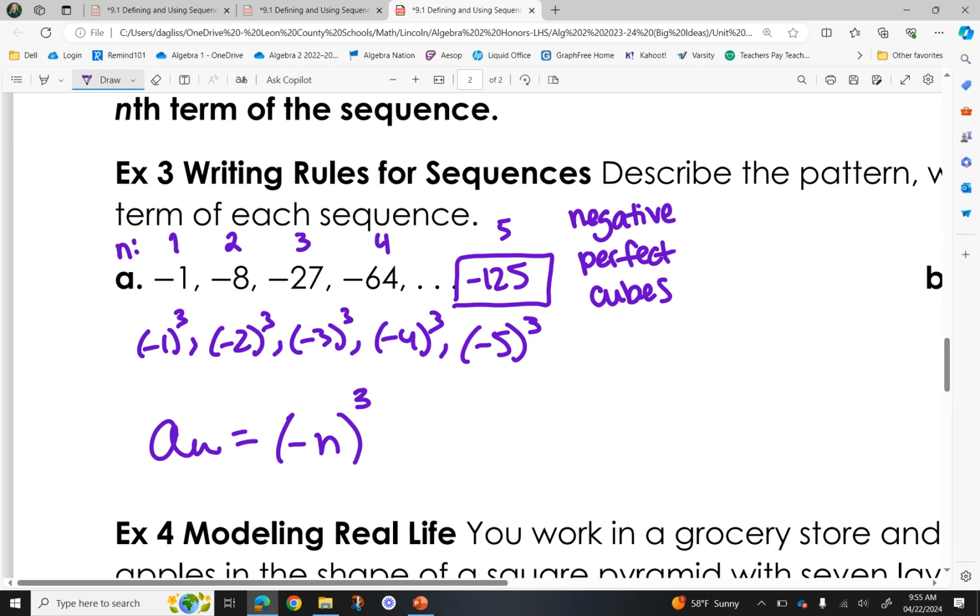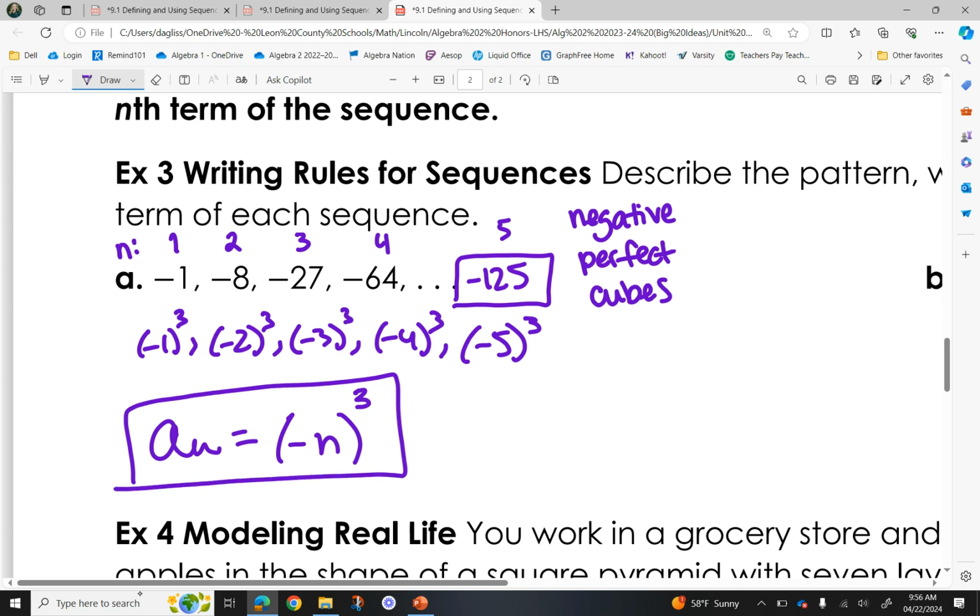Yeah, with odd exponents, it does not matter. It's just good practice to keep it in parentheses because what if it wasn't? Right? So, yes, for this one, parentheses would not change our outcome. If that was a power of 2 or 4 or 6, it absolutely would. So if I wanted the 12th number in this sequence, you would do -12 raised to the power of 3.